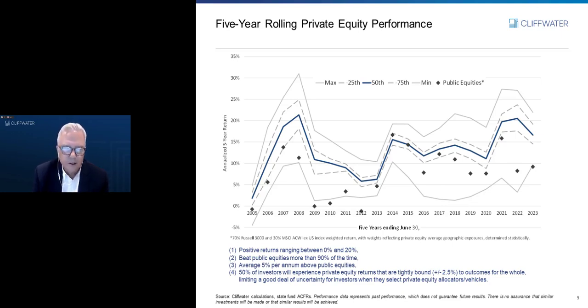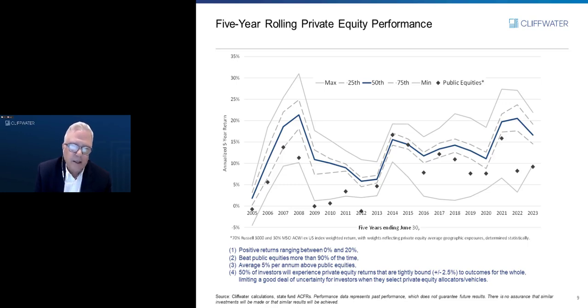Let me explain this graph. The vertical axis shows annualized 5-year return, and the numbers plotted are 5 years ending in individual years. So we start with 5 years ending 2005, 5 years ending 2006, et cetera, up to 5 years ending 2023.